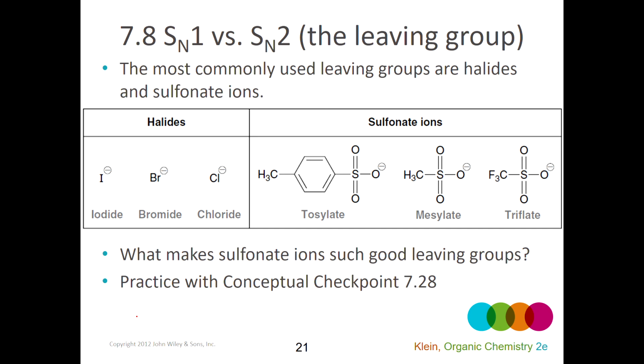So here are some of the most stable leaving groups. This tosylate one we're going to see on a lot of examples this semester and as well next semester. This oxygen carrying a negative that can be stabilized through resonance with the other oxygen atoms really helps to stabilize a negative charge.